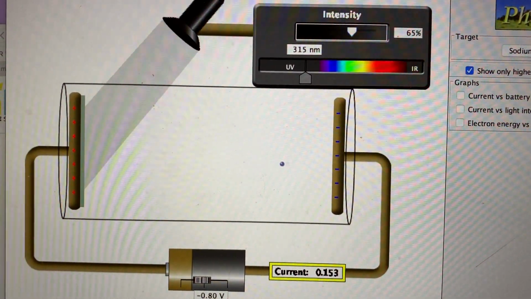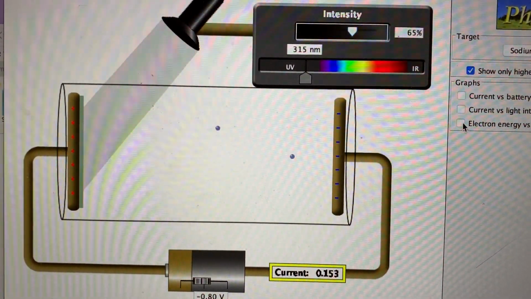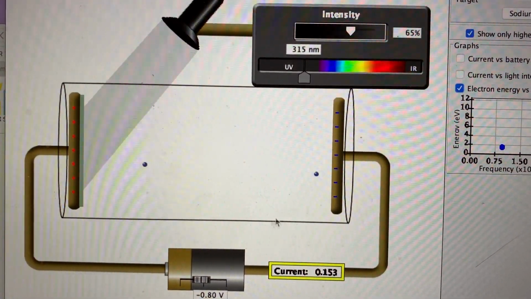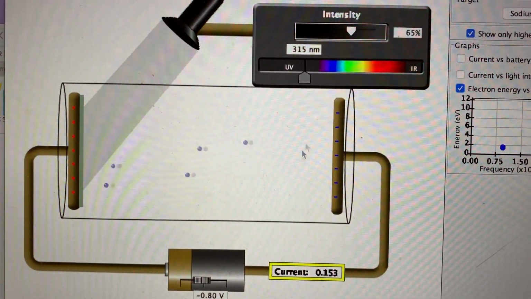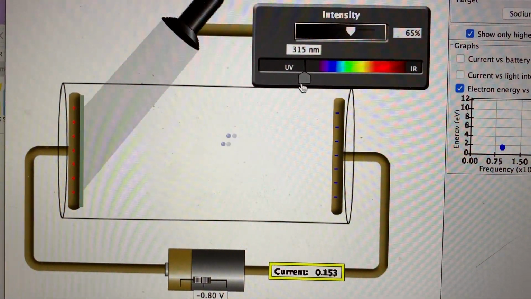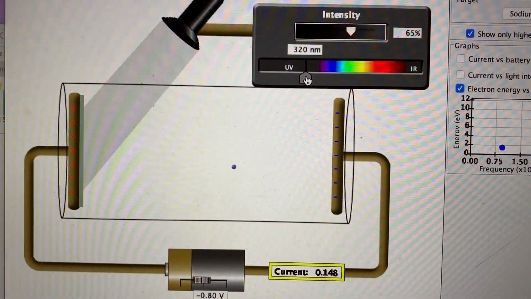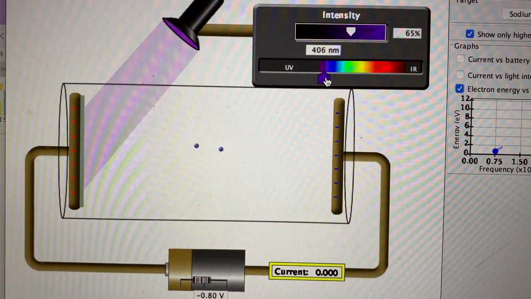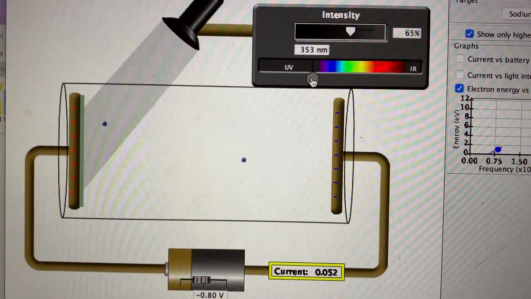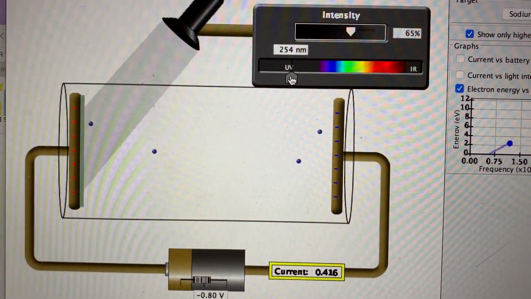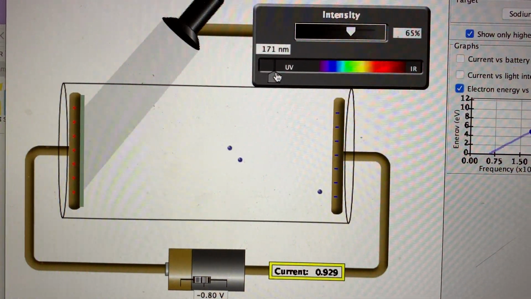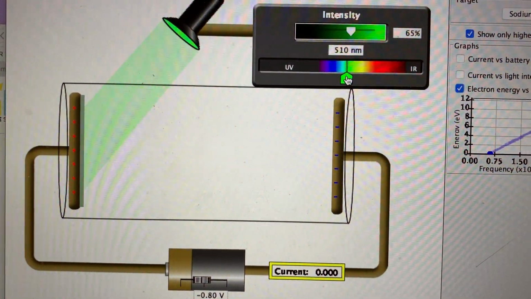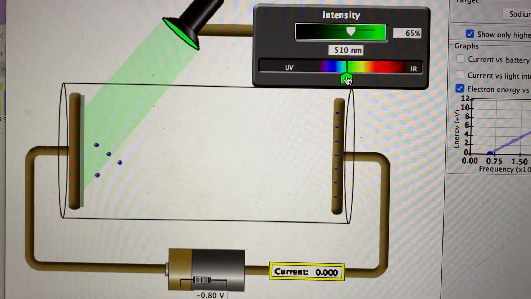Now, one thing we want to take a look at here, and I want to put that up. Notice that if I play around with my frequency, or they should give me wavelengths, you're starting to get that graph that you guys were asked to draw last night. We're going to talk about that in a second. But that would be electron energy versus frequency.